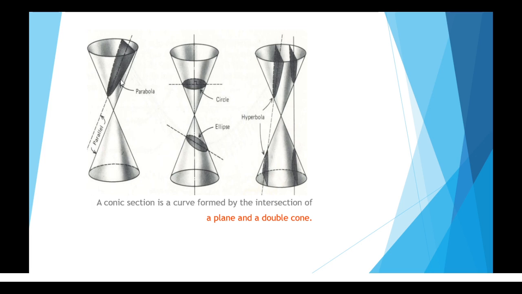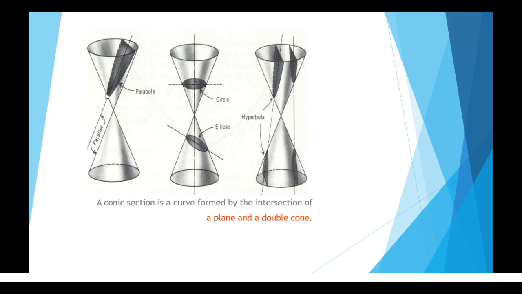For instance, if you intersect the plane in such a manner that it remains parallel to the generator, as you remember, this was the generator, and this is the plane, then what figure am I getting?